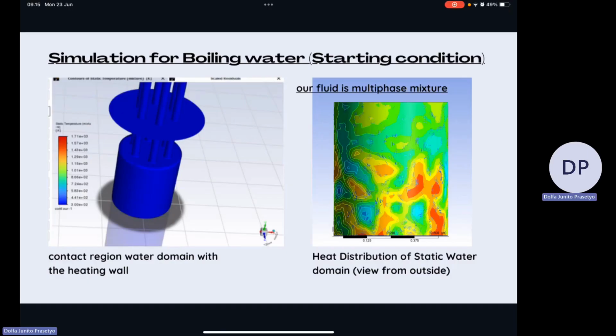Our guess is because there is a mixture. The lower temperature is the steam, and the red color is the water side. So it's like the boiling, there's a bubble when you boil up the water. I don't know whether this simulation for the starting condition is successful.